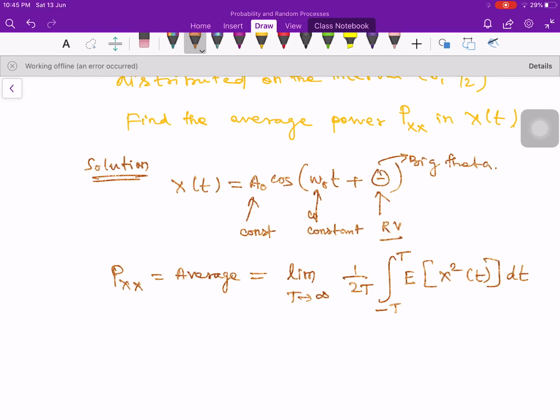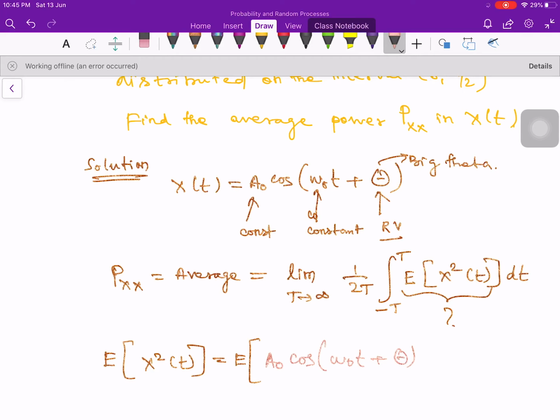So expected value of X squared of t, which is expected value of X of t times X of t. You can just leave it, no need to expand this. Straight away substitute the X of t value, which is A0 cos of omega naught t plus Theta, whole squared.